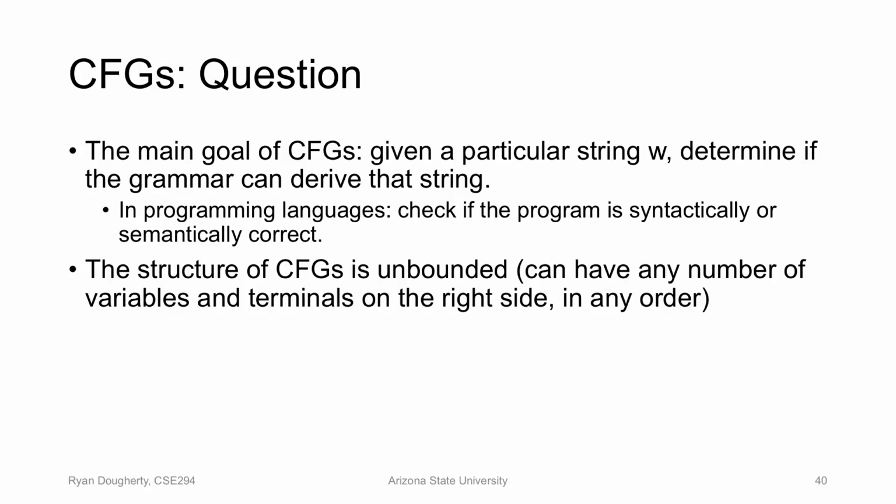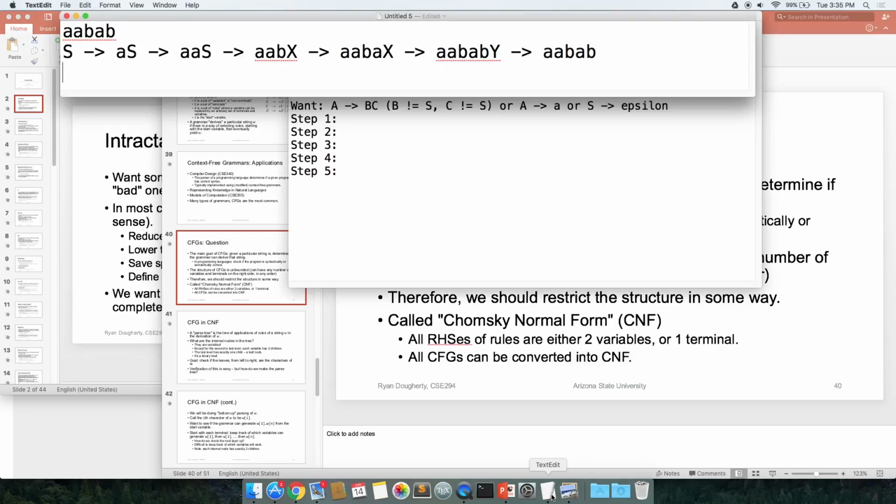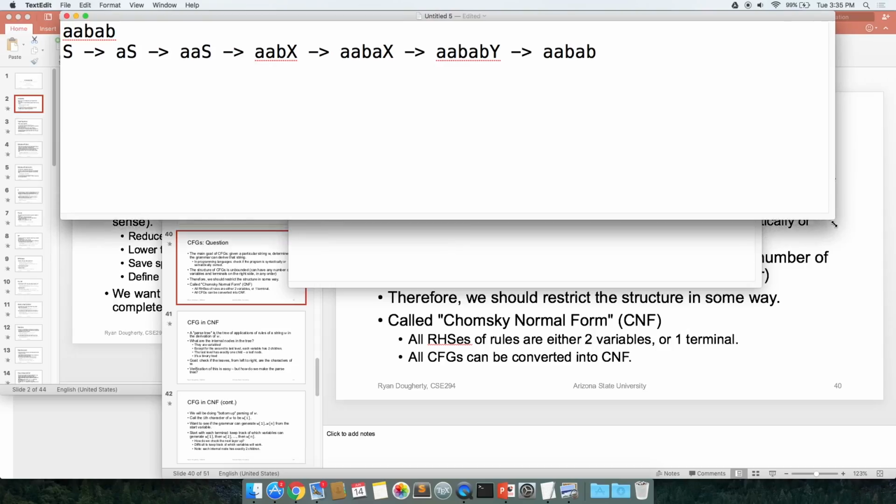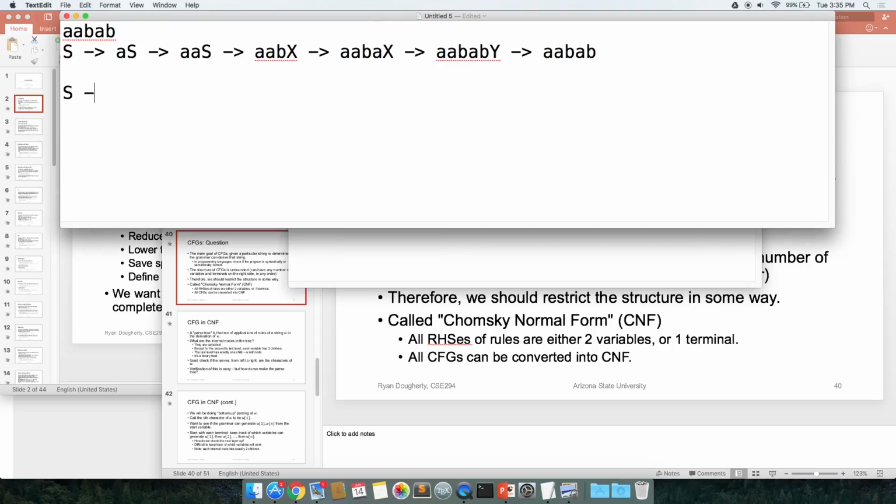So the problem is that if we want to analyze context-free grammars, it's pretty unbounded, right? Like the example we saw, instead of just having one terminal with one variable, we could have anything on the right-hand side. Of course, we can only replace a variable, so we can only have a variable on the left-hand side, but we could have anything we want on the right-hand side.